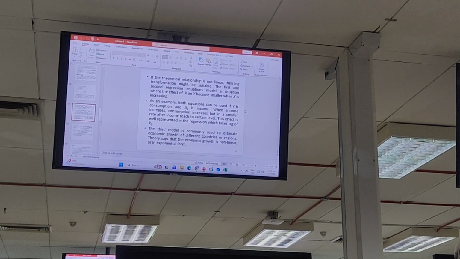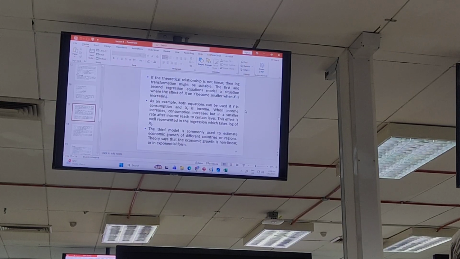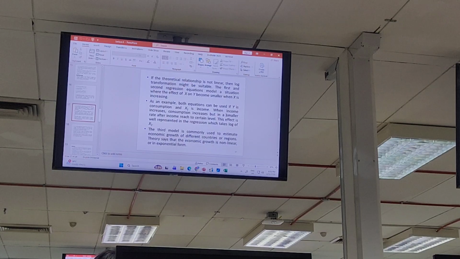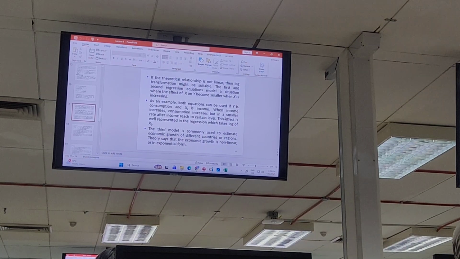That's why you have something like this. So this effect is when income increases, consumption increases at a smaller rate after income reaches a certain level.